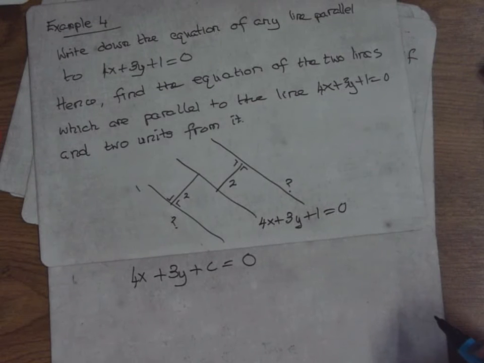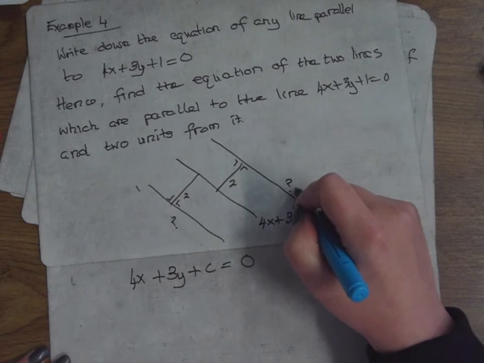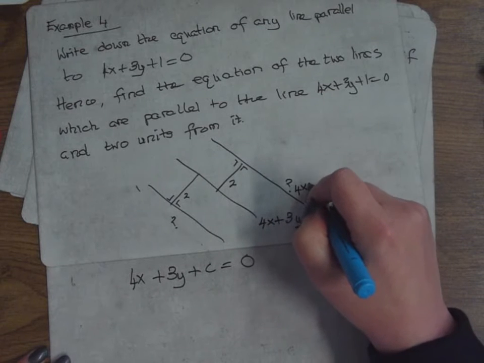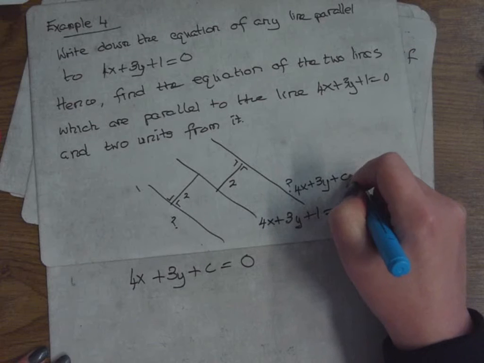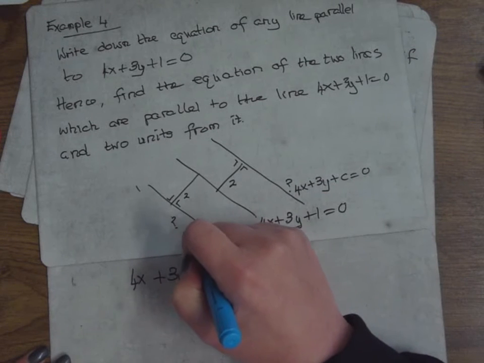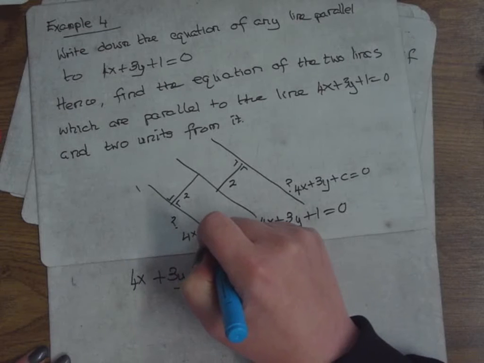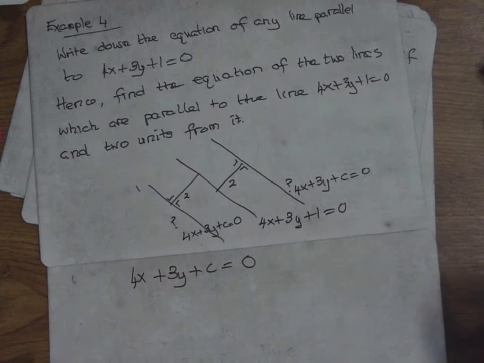Is that okay? So the general equation of this line here is going to be 4x plus 3y plus a number equals 0. And the equation of this line here is also going to be 4x plus 3y plus a different number equals 0.